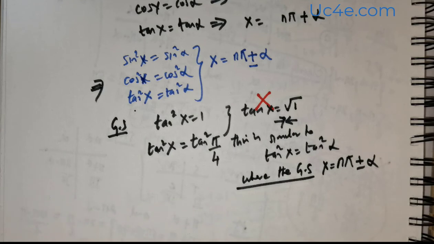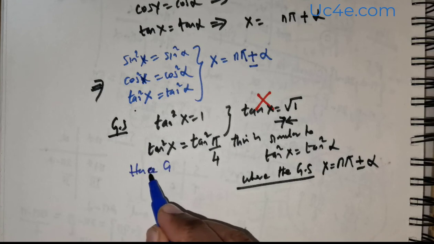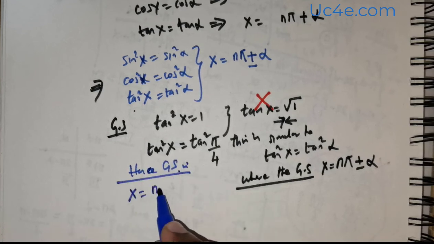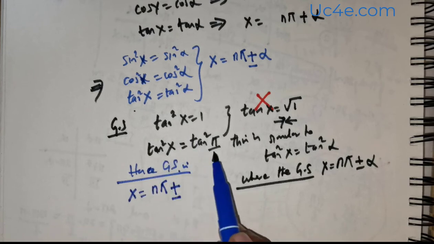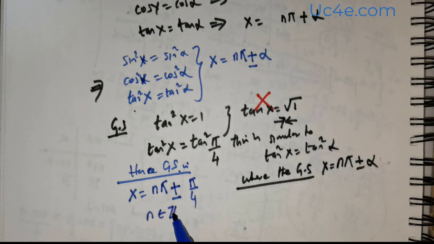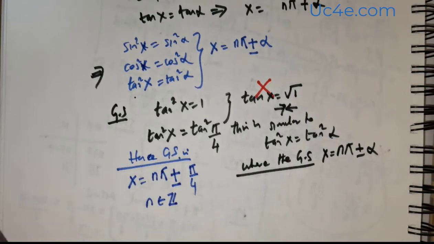So the general solution is x is equal to n times pi plus or minus, what's the value of alpha here? Pi over 4, where n is an element of integers. So that is the solution, to be more precise, the general solution for the given question.